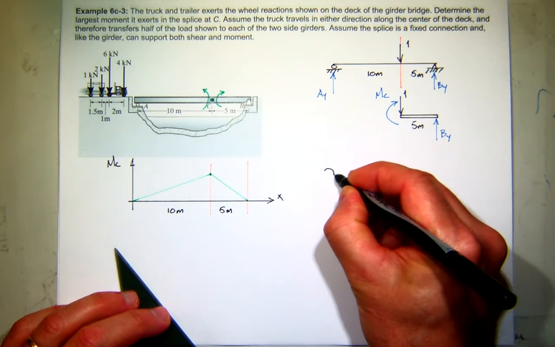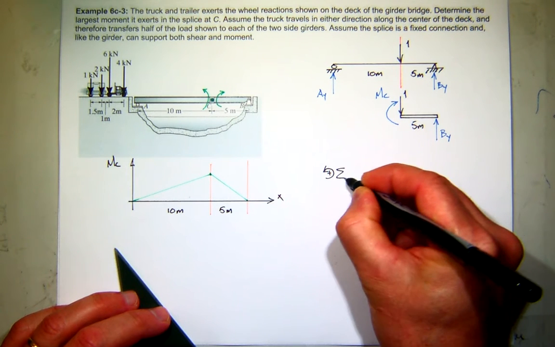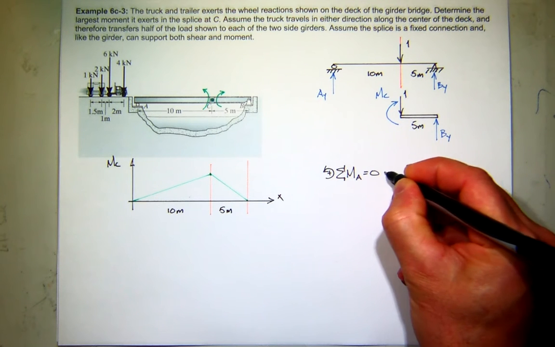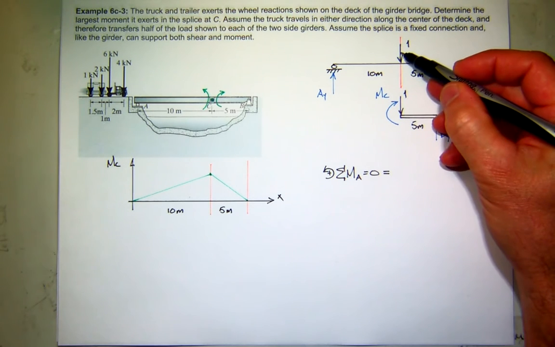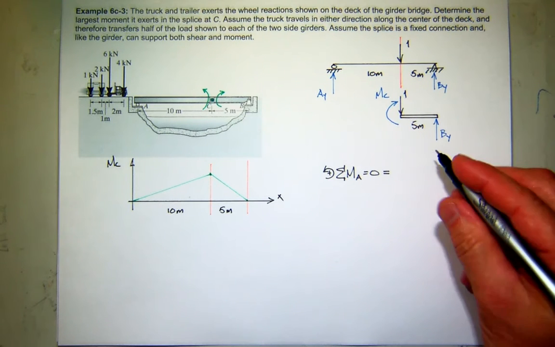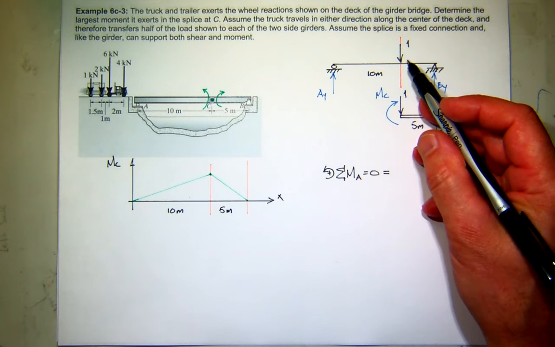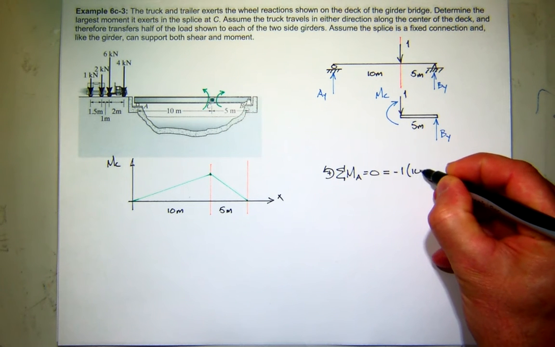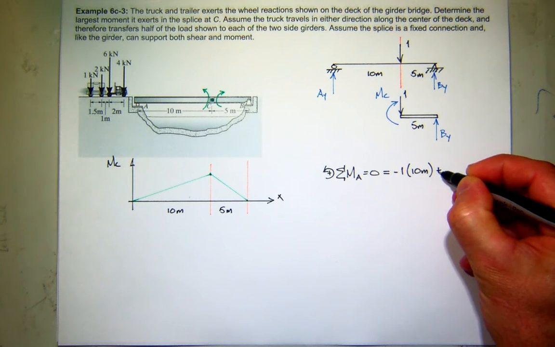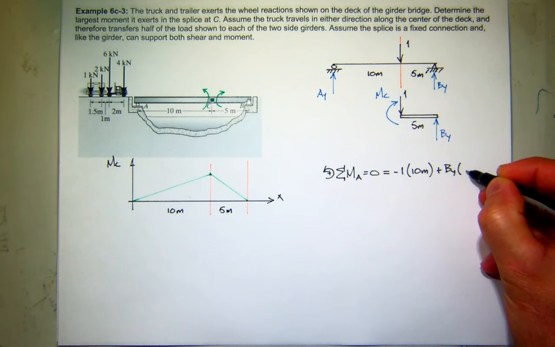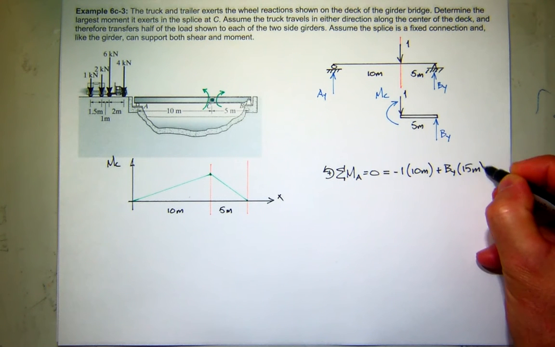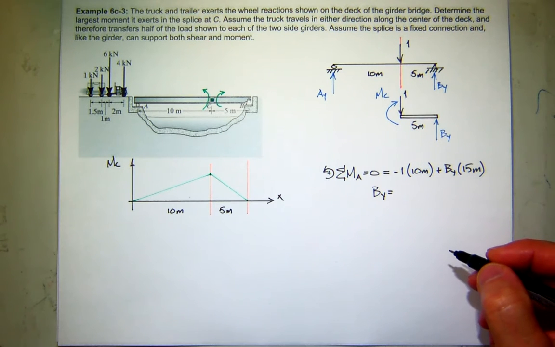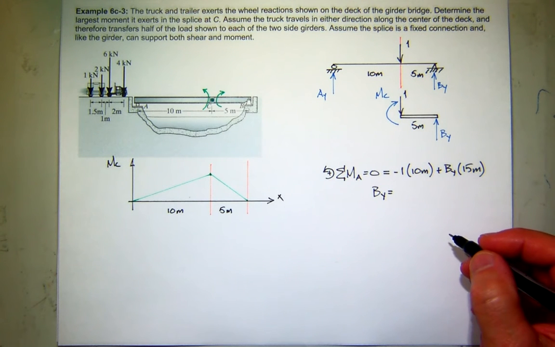Using the right-hand rule for my sign convention, I'll sum moments at A. My moving unit load at this position creates positive or negative moment? Negative, so I'll have -1 with a moment arm of 10 meters, and then By creates positive moment times 15. So what's By? Looks like it's 2/3, or 10 divided by 15, right?